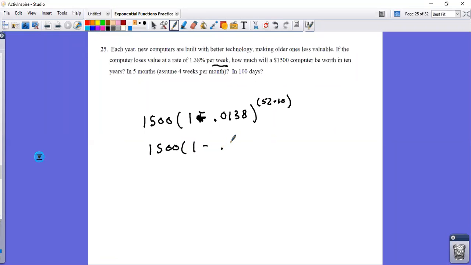1 minus 0.0138. How much will it be worth in 5 months, assuming that there are 4 weeks per month? So that would be 4 weeks per month times the number of months. How much would it be worth in 100 days? Well, days is less than weeks.